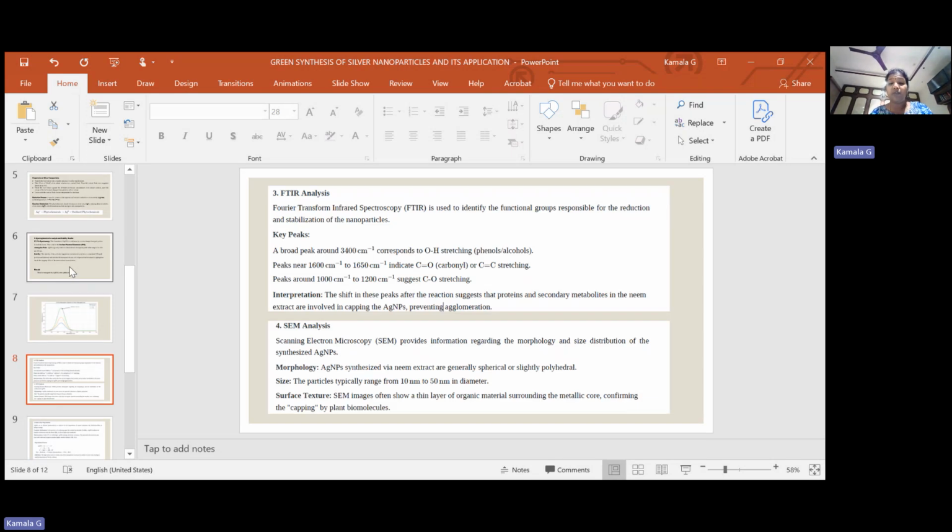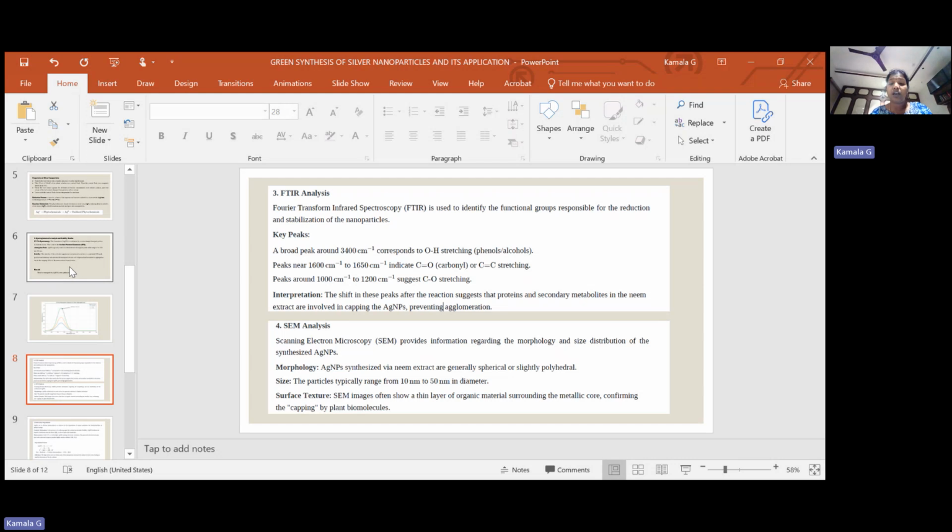Further analysis is done with FTIR analysis and SEM analysis. FTIR, Fourier transform infrared spectroscopy, is used for identifying the functional groups responsible for reduction and stabilization of the nanoparticles.